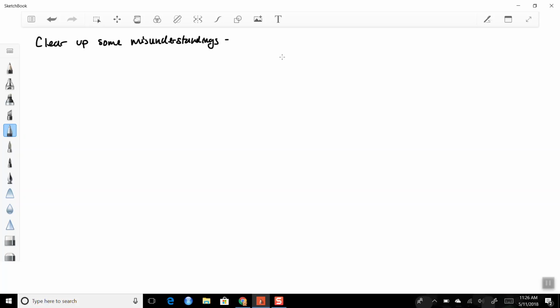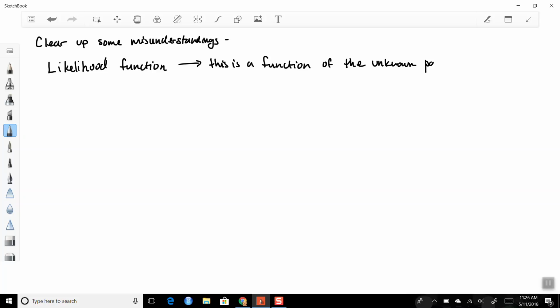So one thing is when we talk about a likelihood function, this is a function of the unknown parameter. And when we do our likelihood function, we will treat the data as fixed.